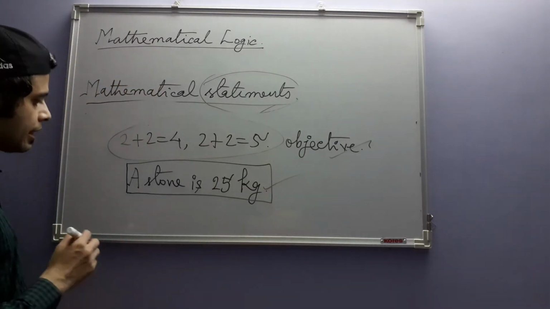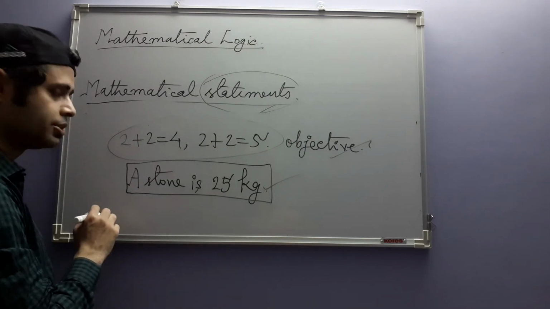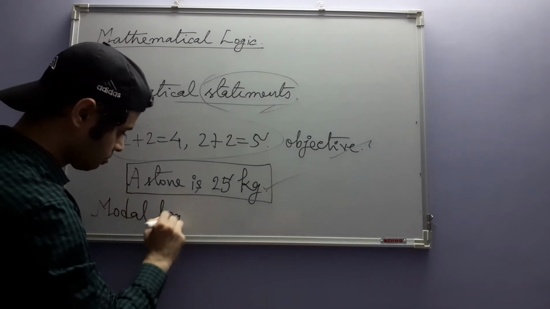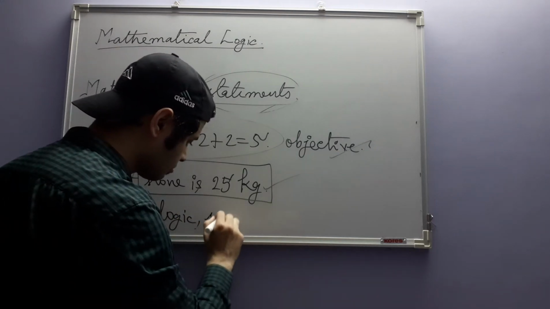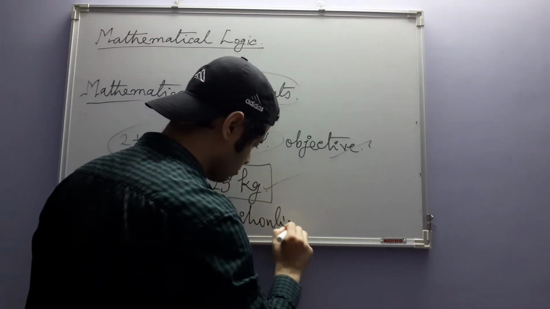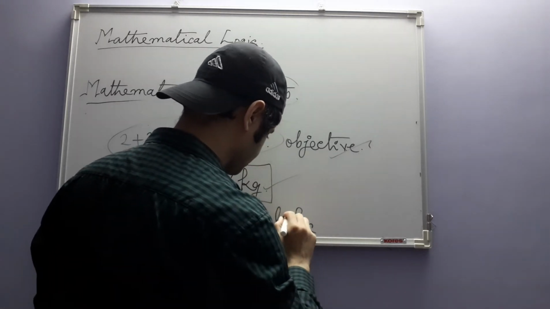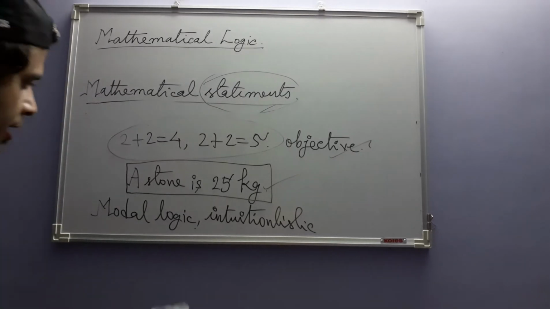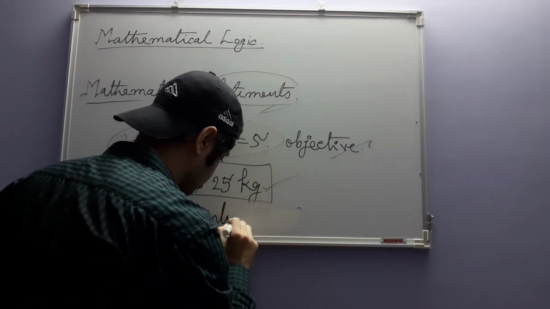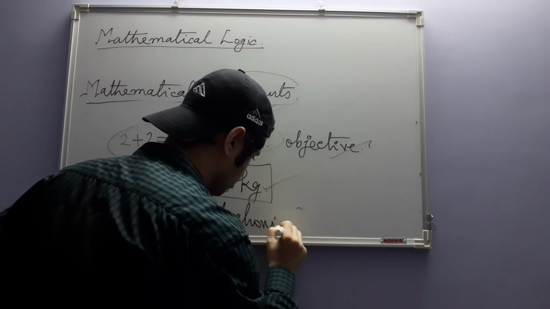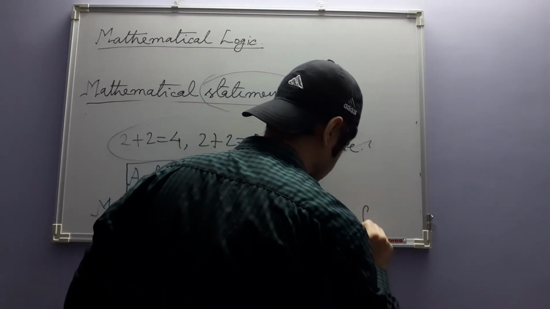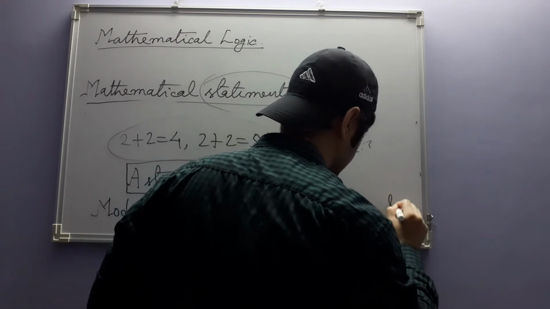So there are some parts of logic, for example, modal logic, intuitionistic logic, fuzzy logic.